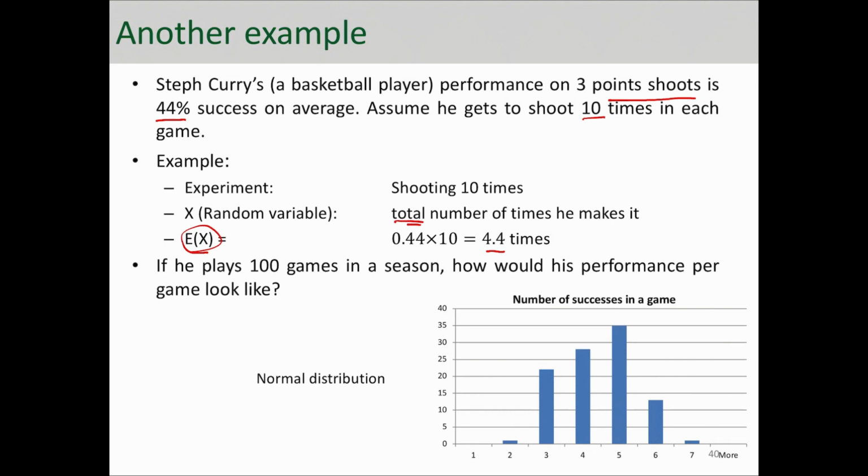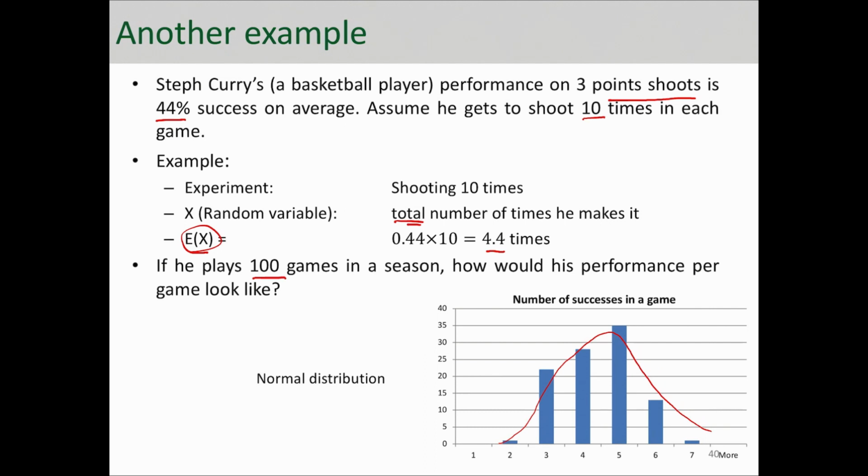But there are some games that he's probably going to make it 7 times or 8 times out of 10. But if he plays 100 games in a season, how would his performance per game look? Well, again, you would clearly see that a normal distribution would be a good approximation here.